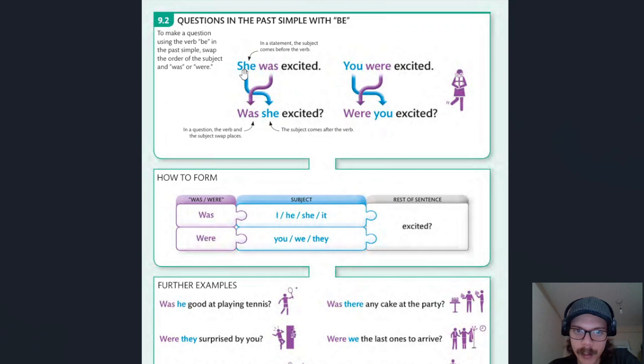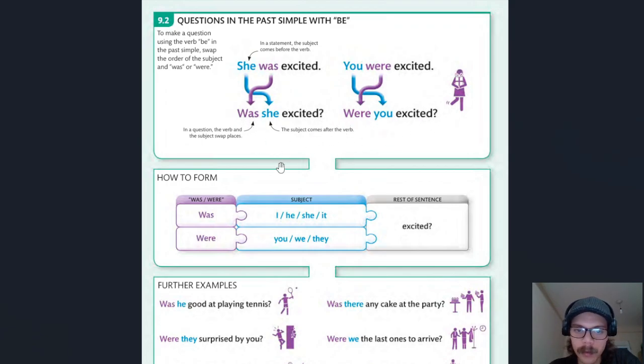So you can see in the statement, it's the person or the subject, then the verb, and then the rest of the sentence. When you make the question, you start with the verb be. Then you have the person, and then the rest of the sentence. Was she excited? Were you excited? You can see it's the same.